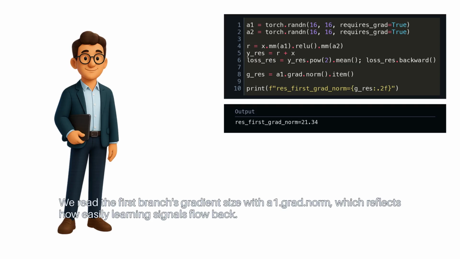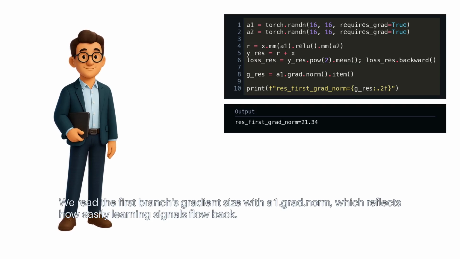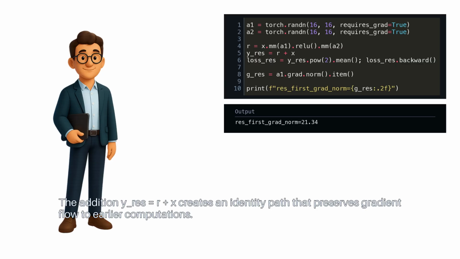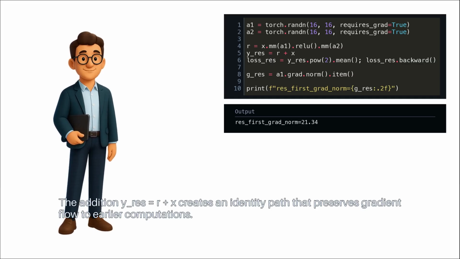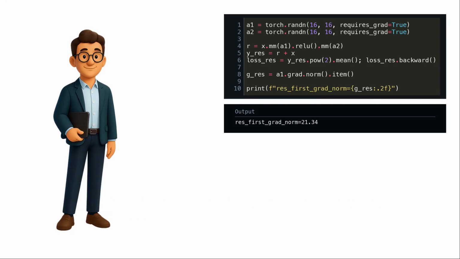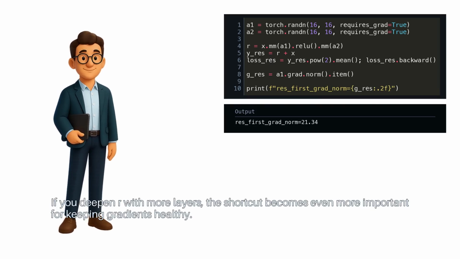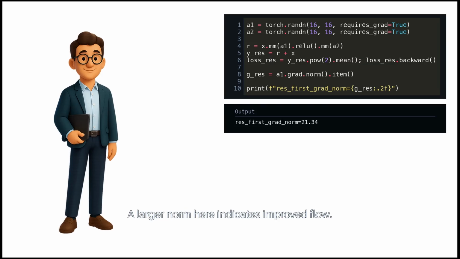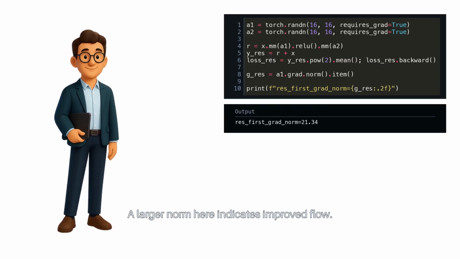We read the first branch's gradient size with A1.grad.norm, which reflects how easily learning signals flow back. The addition Y_res equals R plus X creates an identity path that preserves gradient flow to earlier computations. If you deepen R with more layers, the shortcut becomes even more important for keeping gradients healthy. A larger norm here indicates improved flow.